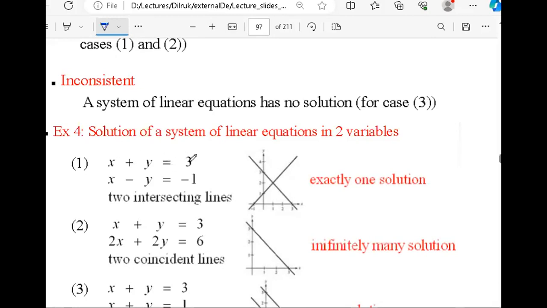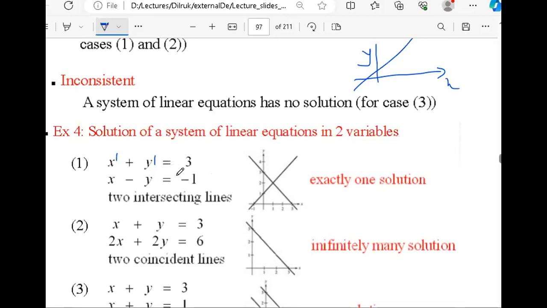This has two variables, x and y, so you can plot this curve. When you plot it, you get a straight line, because you have linear terms, y equals mx plus c.